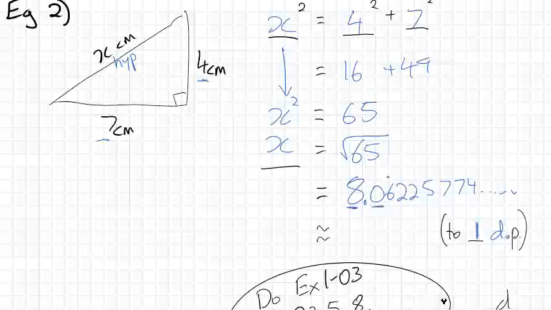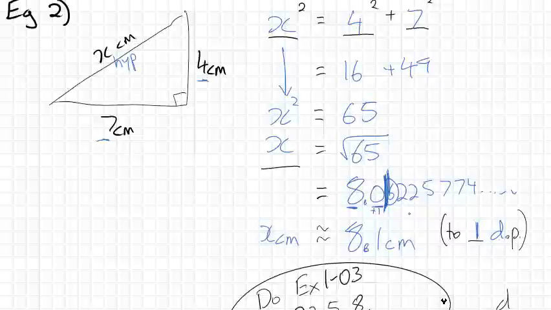We're going to keep the first decimal place. We're going to chop it off here in front of the 6, which means that's the one we look at. And the 6 says, am I more than halfway to 10? And of course the 6 is more than halfway to 10, so we're going to add 1 to the digit where we chopped off, and we get 8.1. And if we want to write it as x centimeters, then we can say that it is 8.1 centimeters.